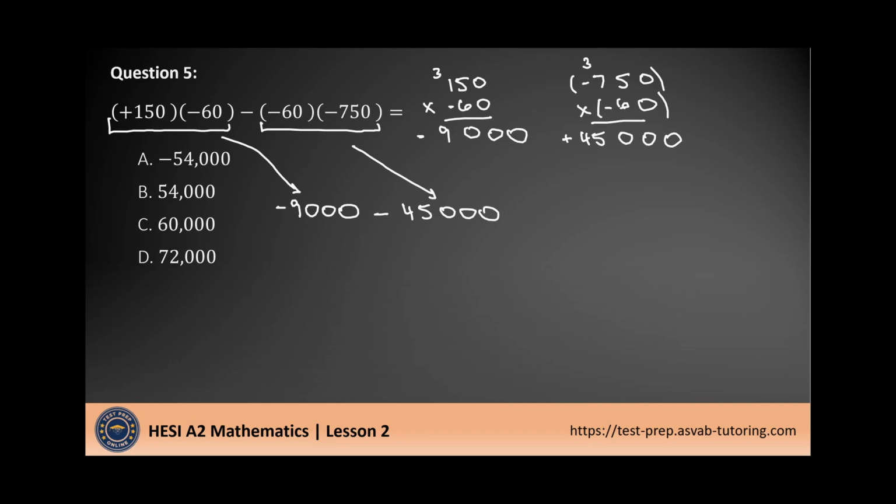So we're stepping backwards 9,000 and then backwards again 45,000. So in total, we're going to step back 54,000. So it's like, in a way, we're adding 9,000 and 45,000 to get 54,000. That's all negative because we were working in negatives.